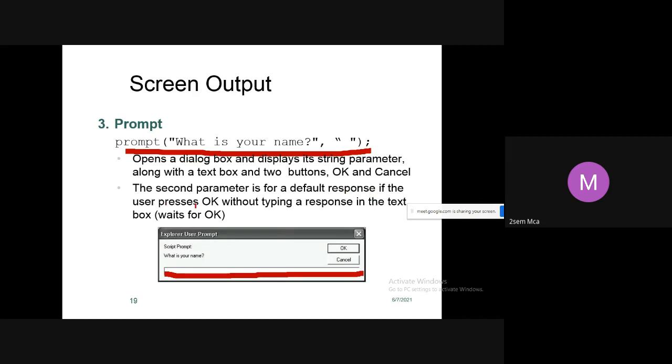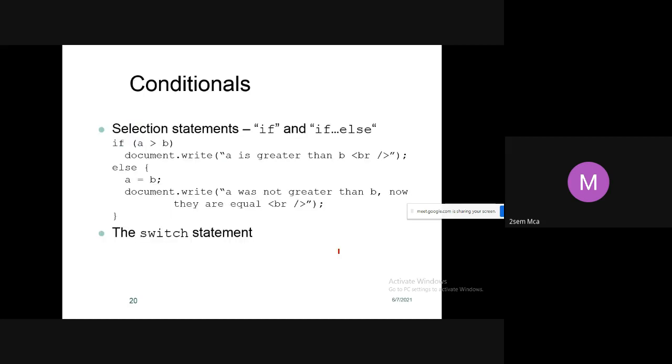If the user presses OK without typing a response in the text box, sometimes we may make a mistake, or we don't give any input in the text box. So without giving input, if you click on the OK button, it will just close the prompt window.